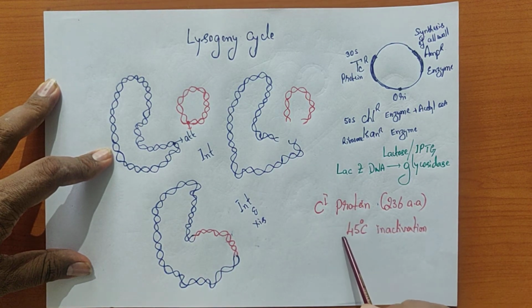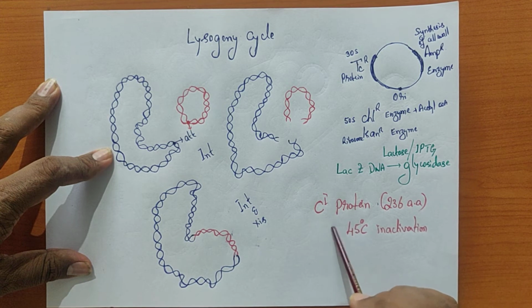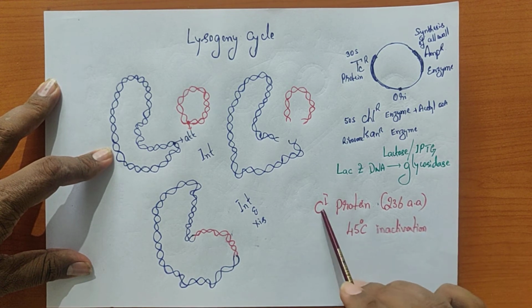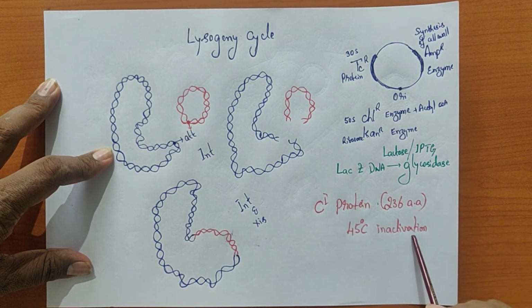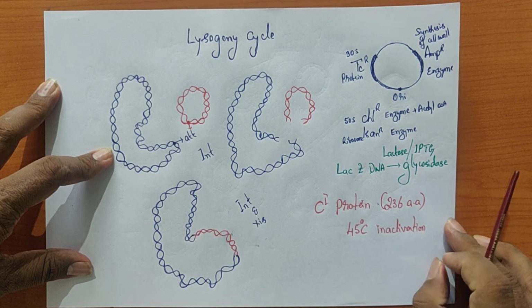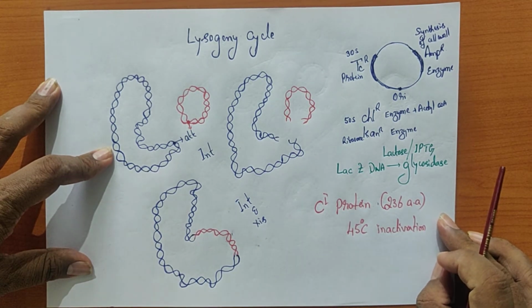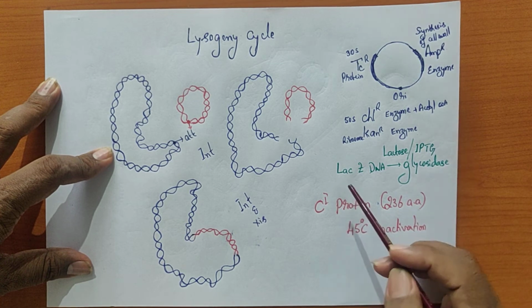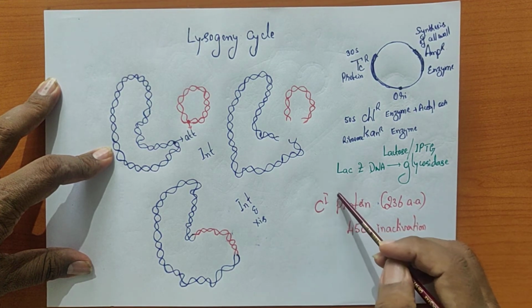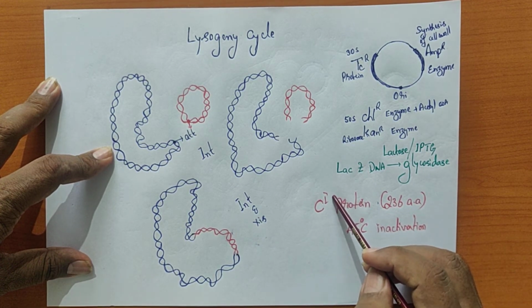But once the temperature has been increased from 37 degrees to 45 degrees centigrade, the C1 repressor protein becomes inactivated. The inactivation occurs at 45 degrees centigrade. Once the inactivation occurs, the C1 repressor protein is no more functional. Now at that particular time what happens?